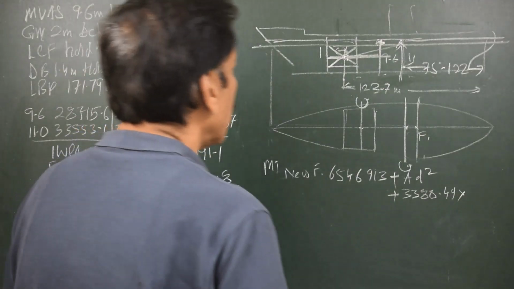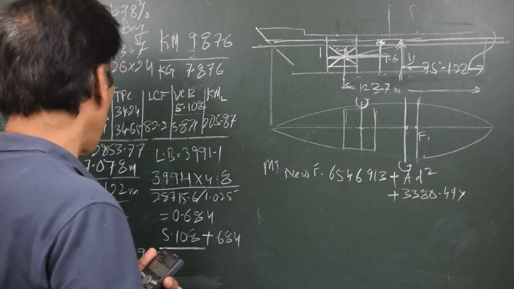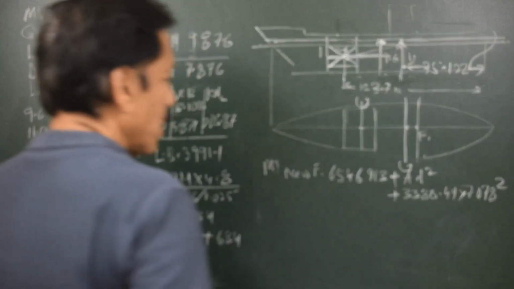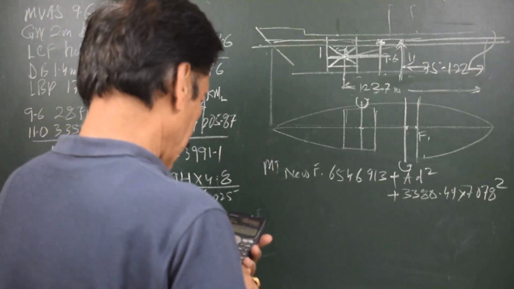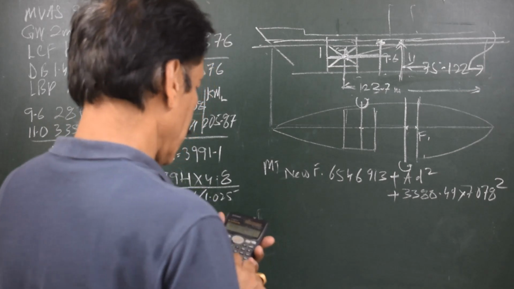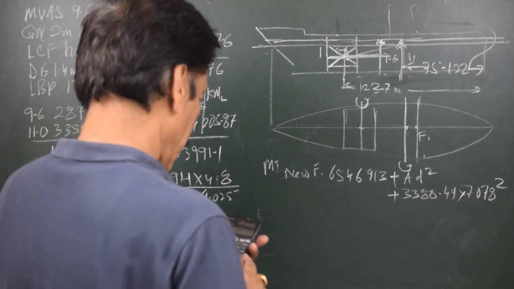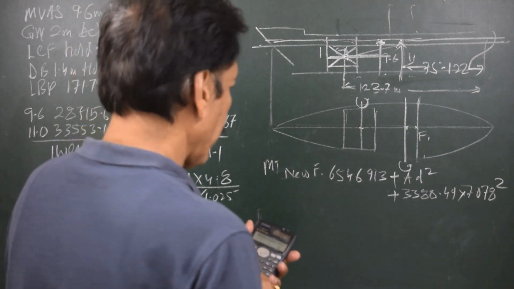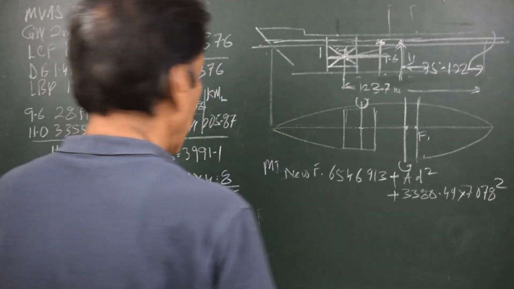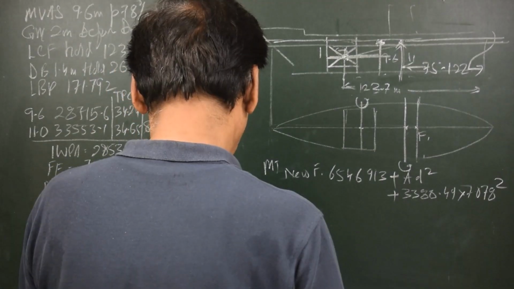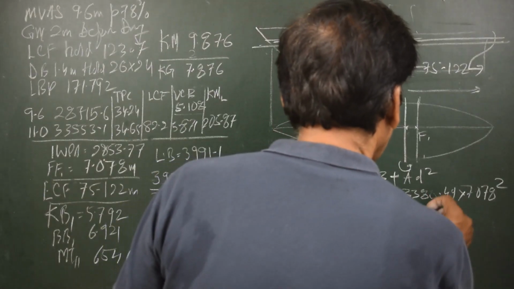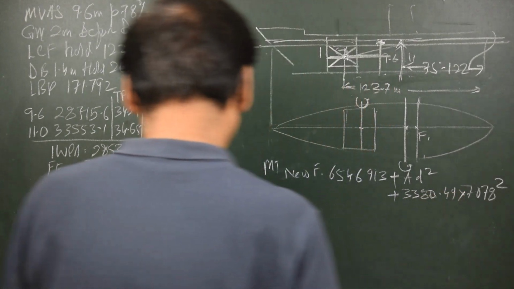What is the D? D is the shift of center of flotation, which is 7.078. 7.078 whole square. So let us solve this. 6546913 plus in the bracket 3380.49 into 7.078 square.